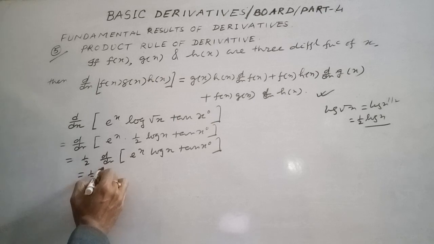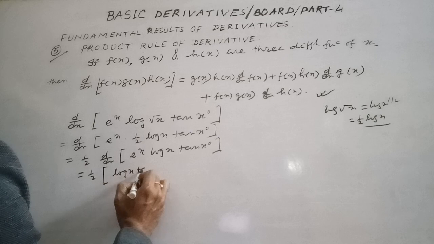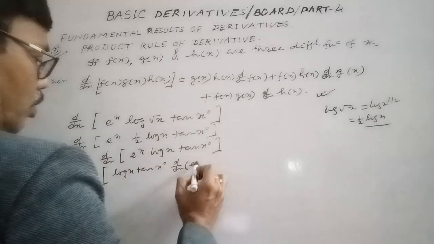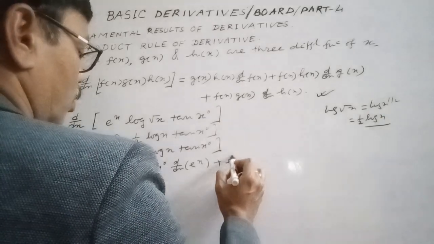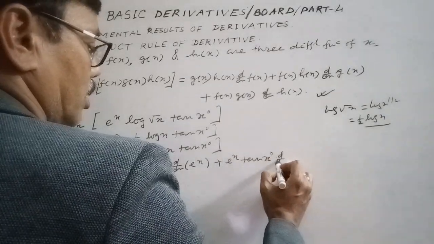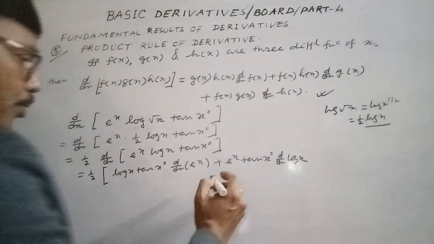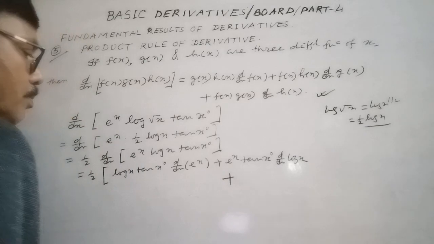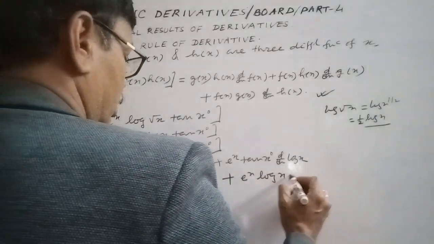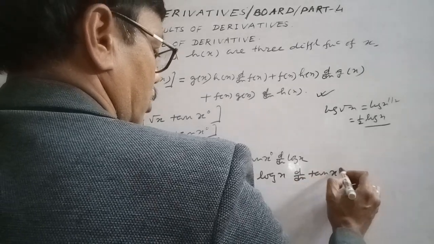Then formula: log x into tan x degree unchanged, d/dx of e to the power x, plus e to the power x into tan x degree unchanged, d/dx of log x, plus e to the power x into log x unchanged, d/dx of tan x degree.